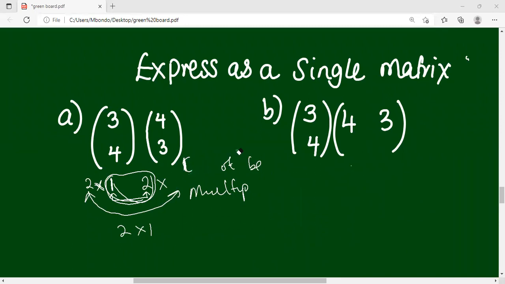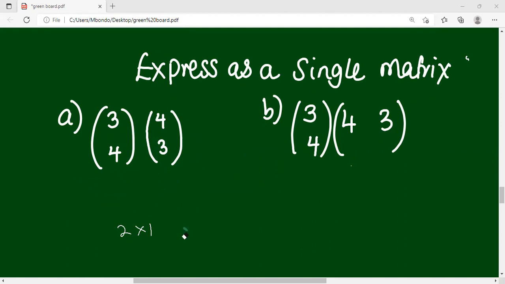So let me just erase this so that we can go ahead and now write the answer. That is very important for us to do. So now we can multiply. As you may know, the multiplication is done by row by column. So we are going to have 3 multiplied by 4 here. That is row by column. Then we also do 3 multiplied by 3.